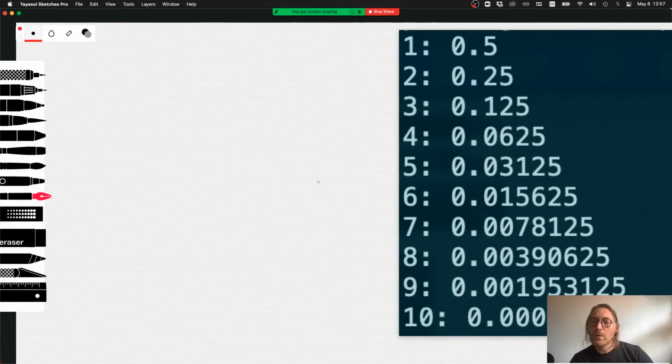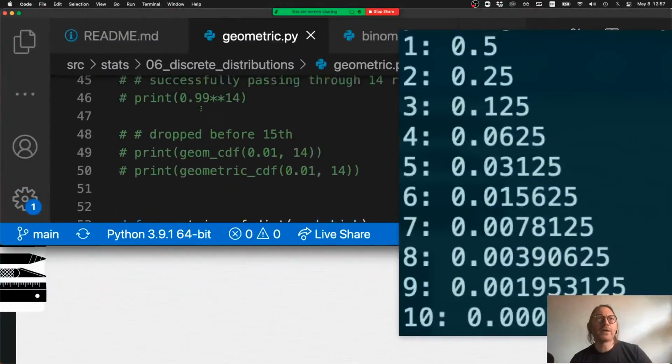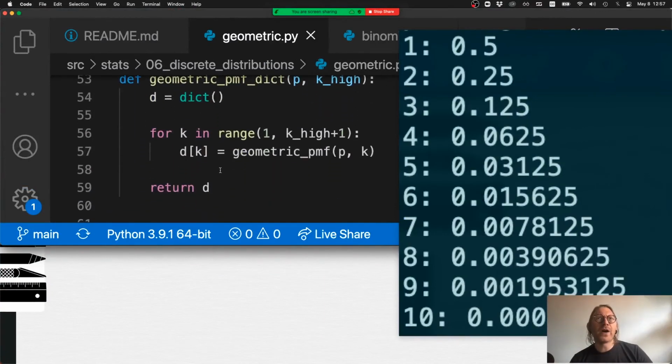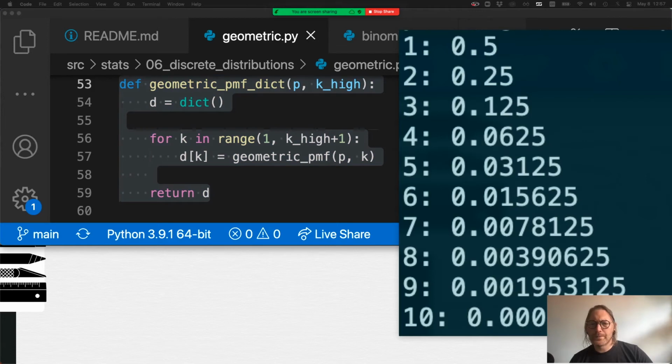Oh, can I show code again? Yeah, I think so. I modified your function, and I think there's a chance that, notice the range. The range here, I'm starting at 1. Did you change that?